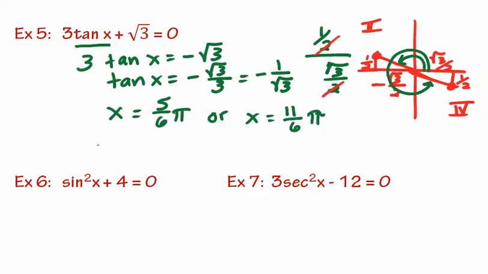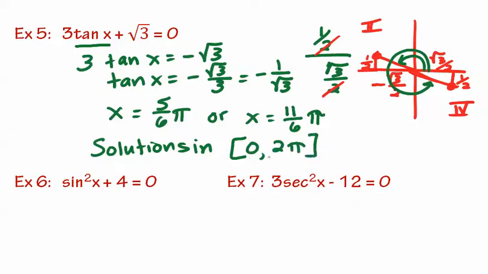Well, remember our directions ask for solutions in the interval from 0 to 2 pi. So again, notice that they don't want us to answer with negative 1/6 pi. Indeed, that would be the same location. It's coterminal, but we're asked to give our angles this time with values of 0 to 2 pi.